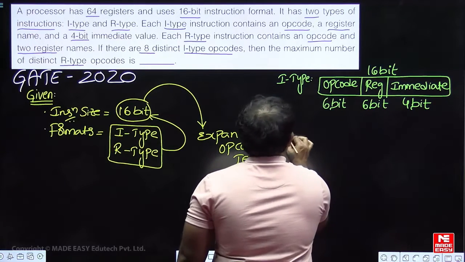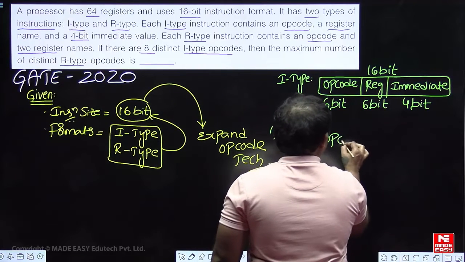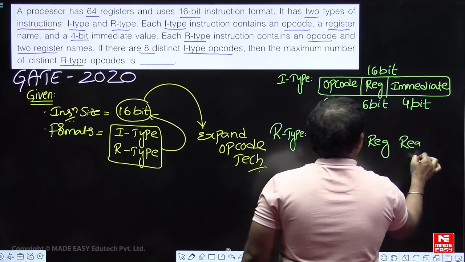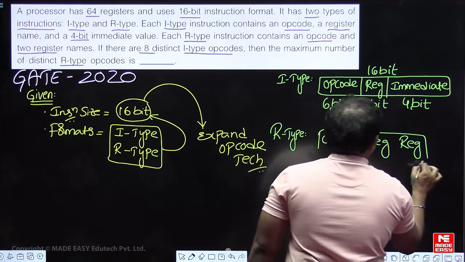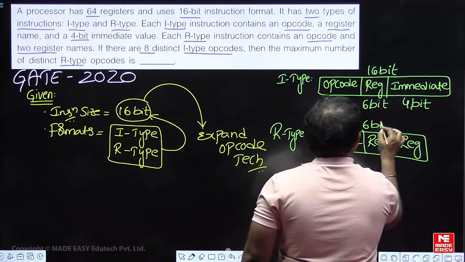Now R-type. The R-type instruction format is opcode and 2 register operands, register, register. This is also a 16-bit instruction.